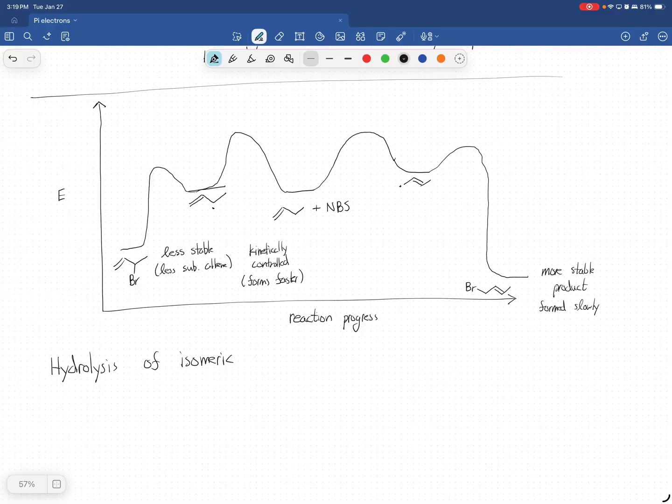Isomeric. So when we have allylic chlorides, we can get different products, okay? Kinetic and thermodynamic control. So let's talk about kinetic and thermodynamic control.